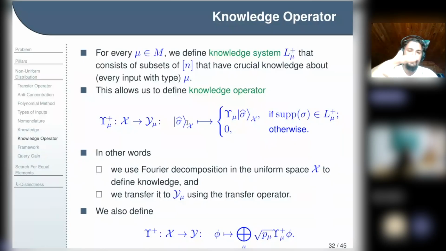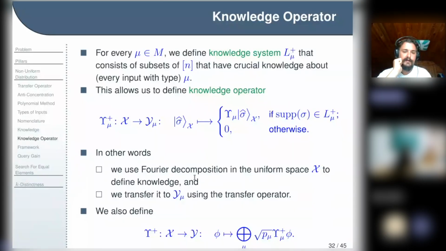I can define the Fourier decomposition only in the uniform space. That's why I need this uniform space. In the non-uniform space, it's much harder to define the Fourier decomposition, the Fourier basis. Now I have this knowledge. I just use it and transfer it to my non-uniform probability distribution using the transfer operator. Altogether it gives me this knowledge operator.